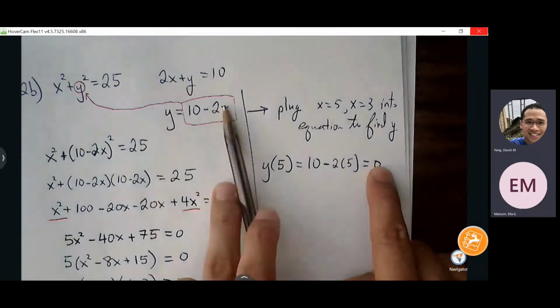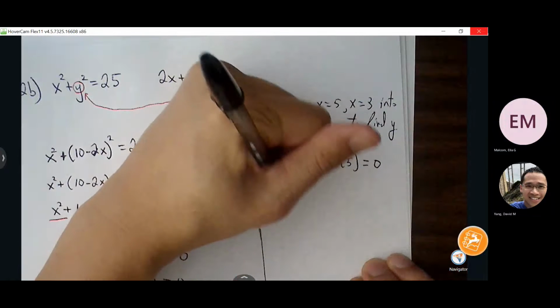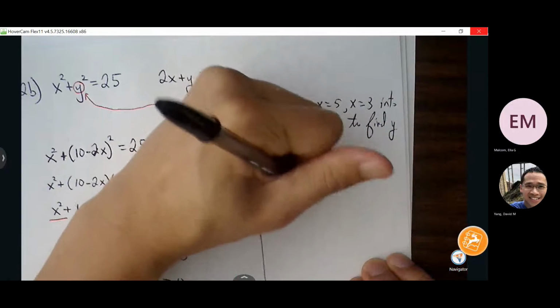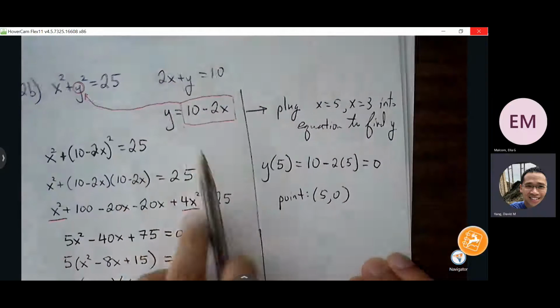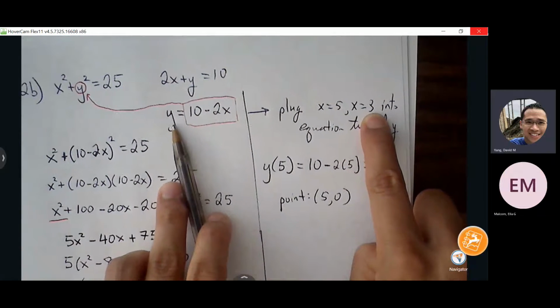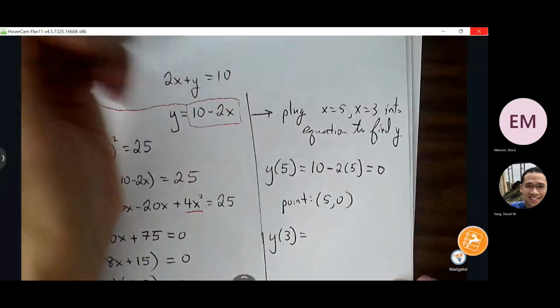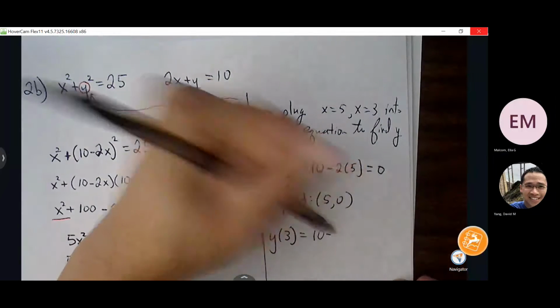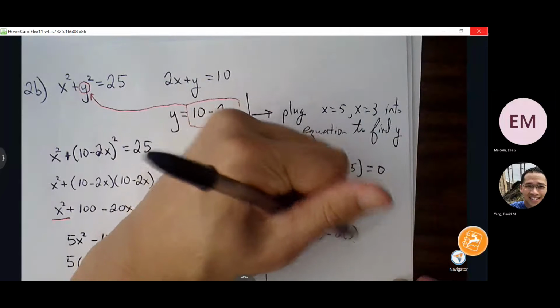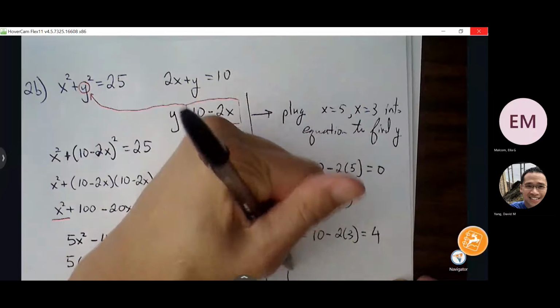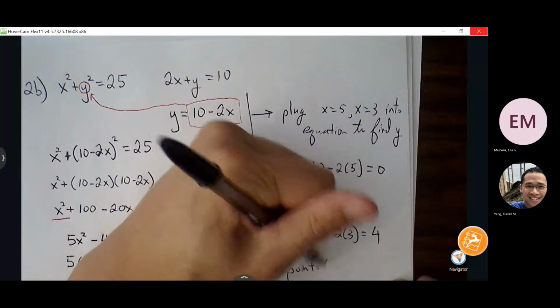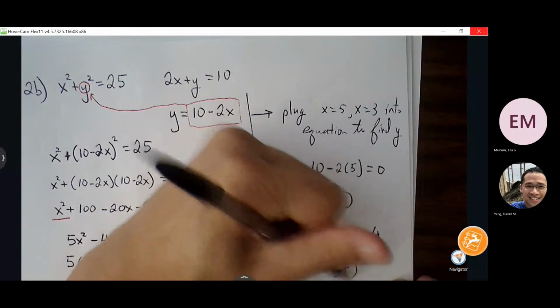Because you have to put the x value first. Okay. Second ordered pair, (3, 4). Good.